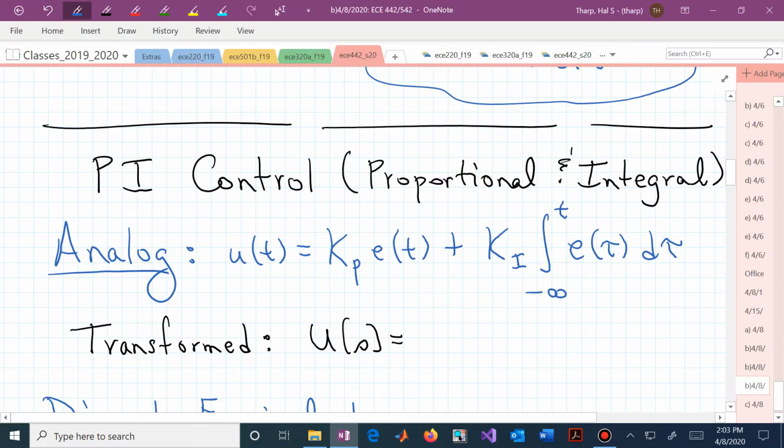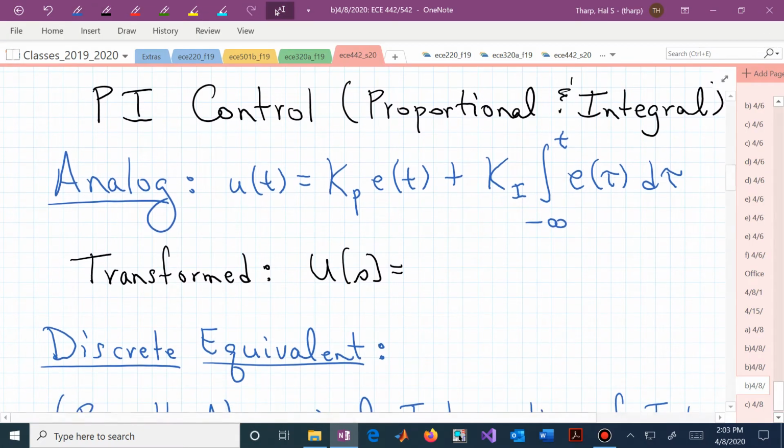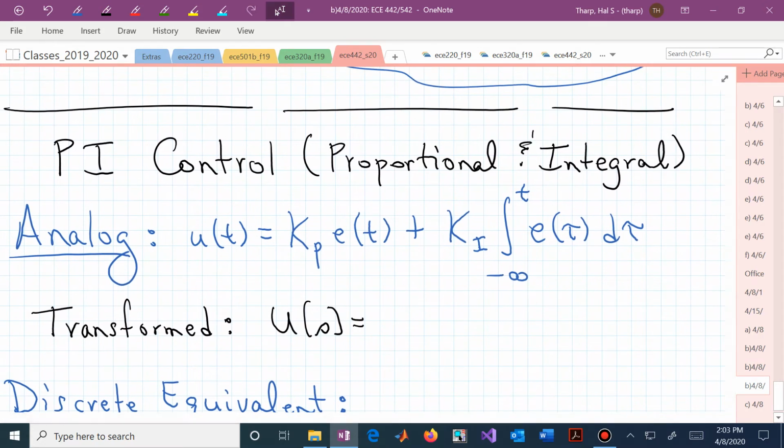If we now take that time domain relationship for the PI controller, this is a proportional gain on the error and an integral gain on the integral of the error.